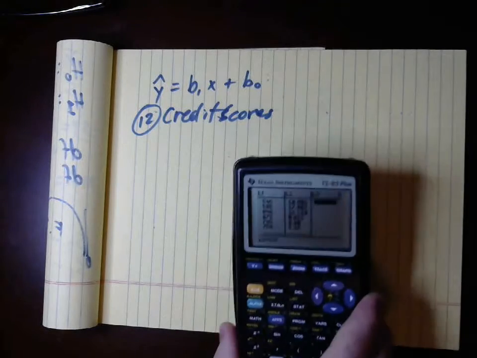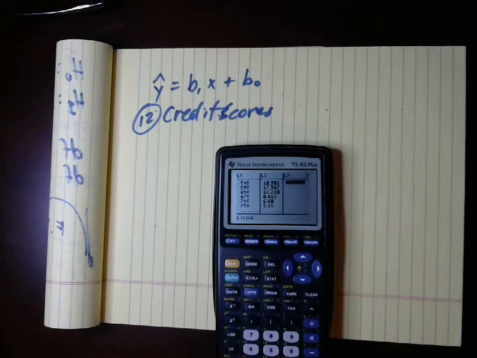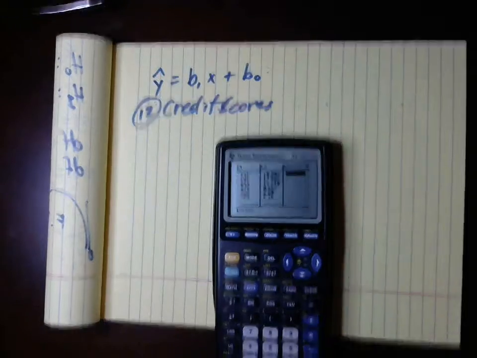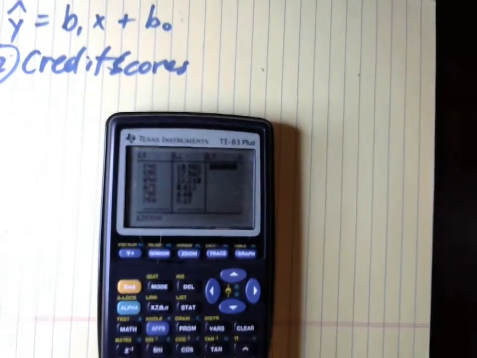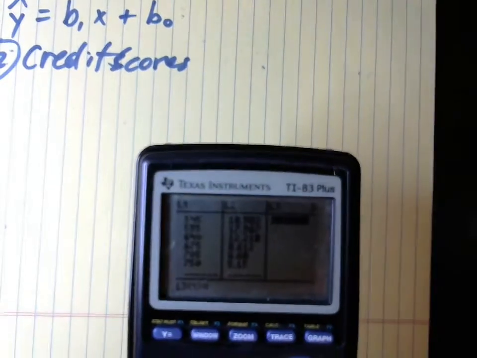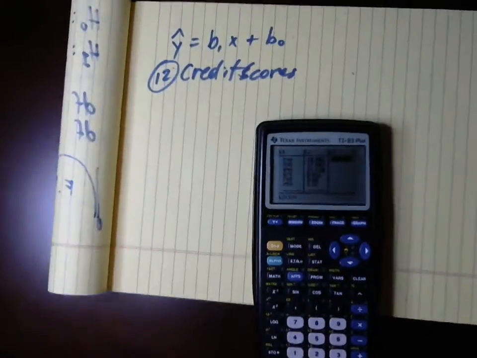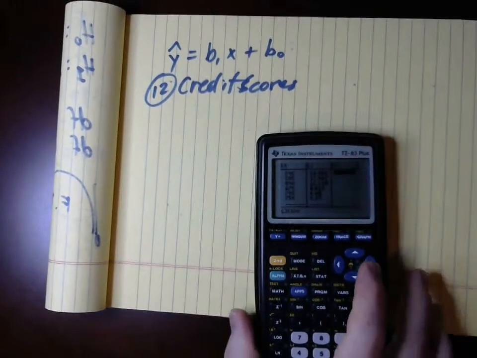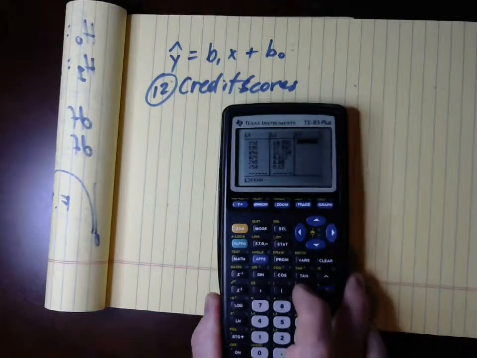And I inputted the values already into L1 and L2. You can look in your book to see what those values are if you can't see it here. I'll zoom in a little bit so maybe you can see a little better. Okay. Anyways, let's continue. So we have these values in here.